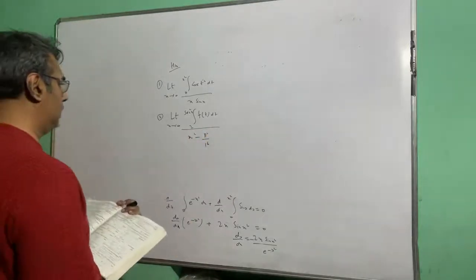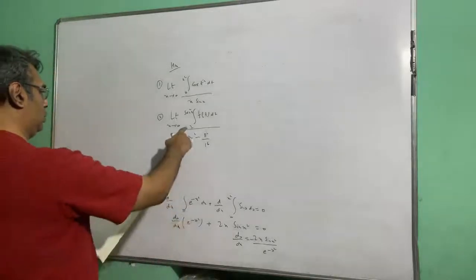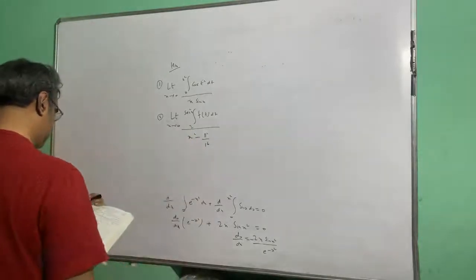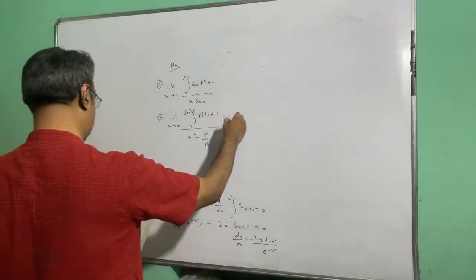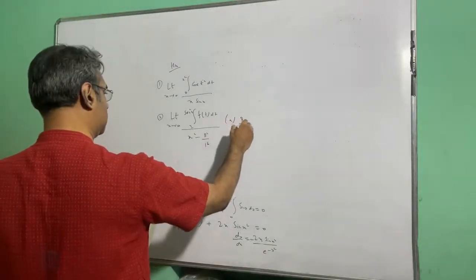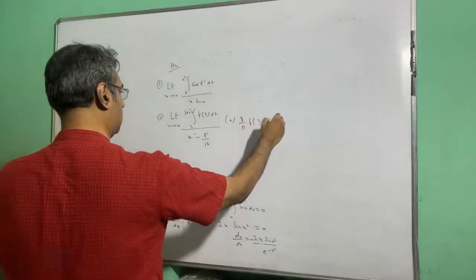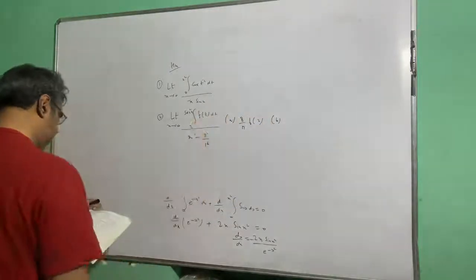Question number 2: the limit of the integral of f(t) dt from 2 to sec square x, divided by x square minus pi square by 16. Question number 1 is a subjective question.